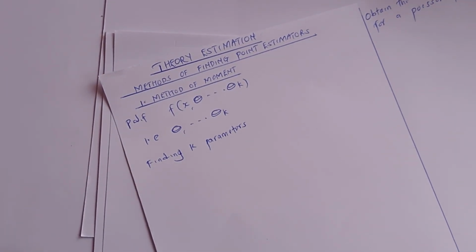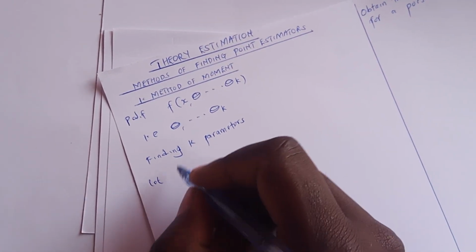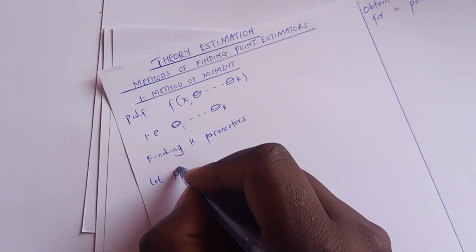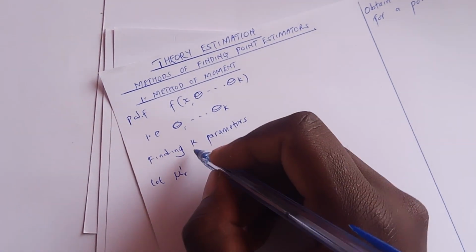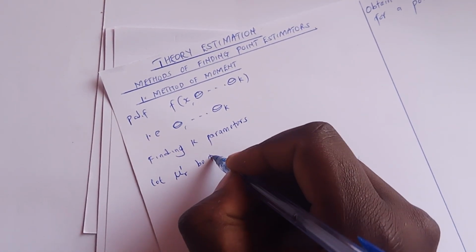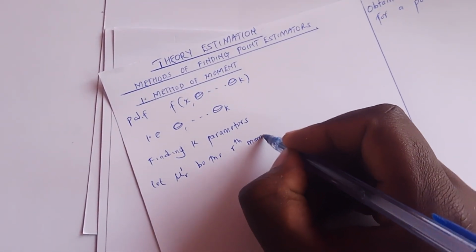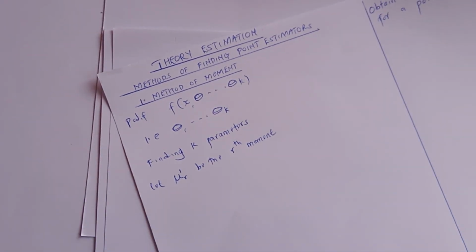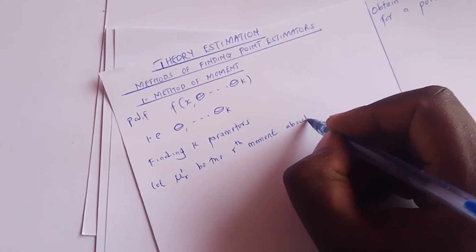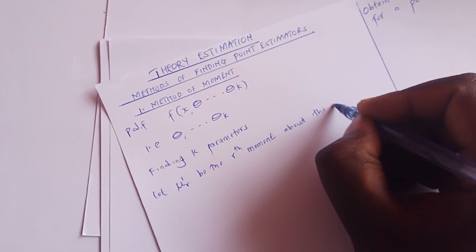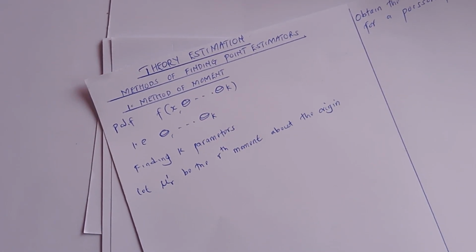To find the k parameters, what we have to do is let mu prime r, the rth moment, be the rth moment about the origin for the population.